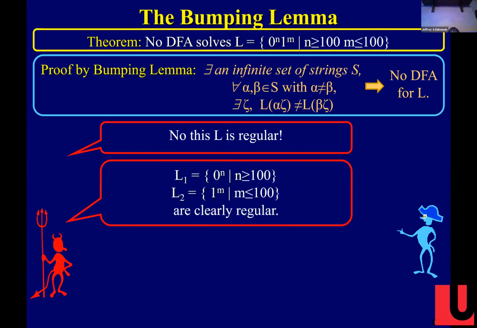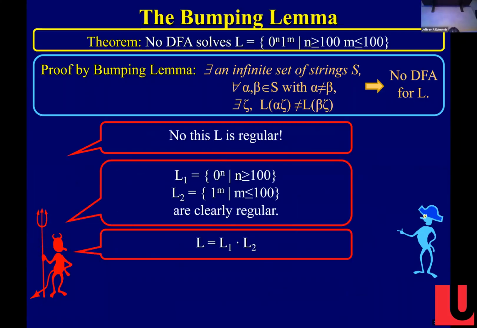What's my DFA going to do? Well, it just says, do I have at least 100 zeros? You count them. I use 100 states to count up to 100 and make sure I have at least 100 zeros. And then I count the ones.